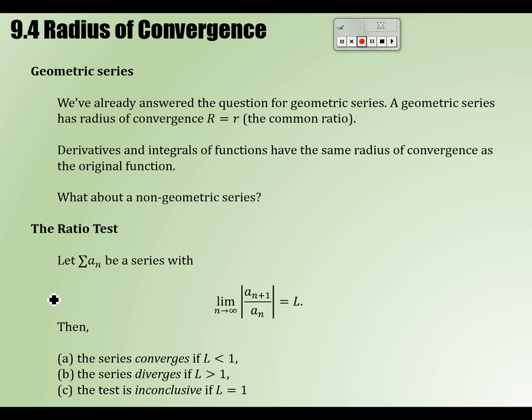But for a series that is not geometric, maybe we can still pull the same trick, right? If we do one term divided by the previous term, we don't always get the same thing. But maybe the ratio between one term and its previous term approaches some number. Let's call it L.